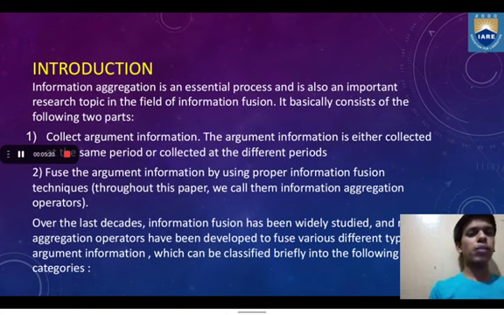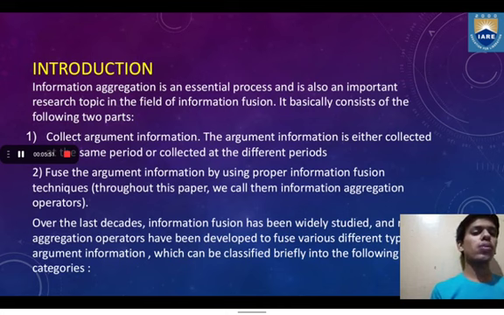Introduction to the topic. Information aggregation is an essential process and an important research topic in the field of information fusion. It basically consists of the two following parts: first, collect argument information, and the other, fuse argument information. The argument information is either collected at the same period or collected at different periods.